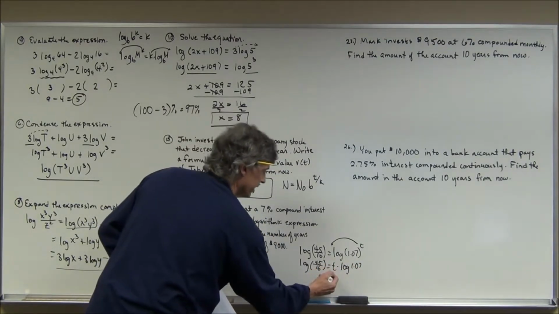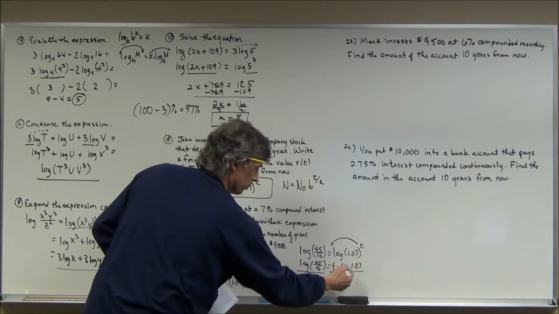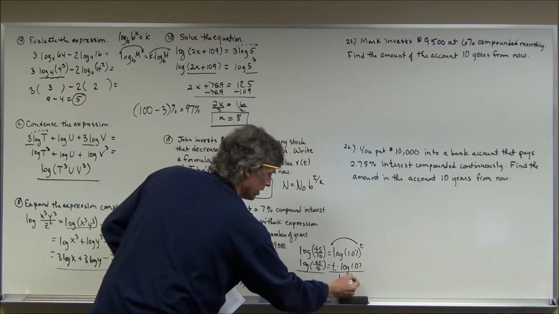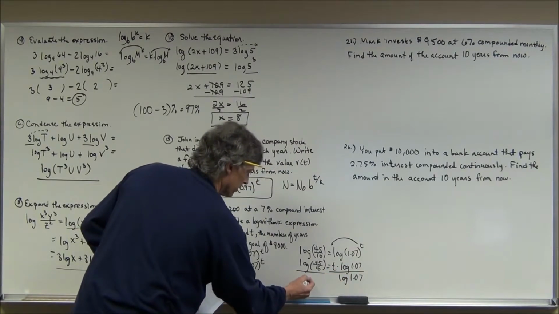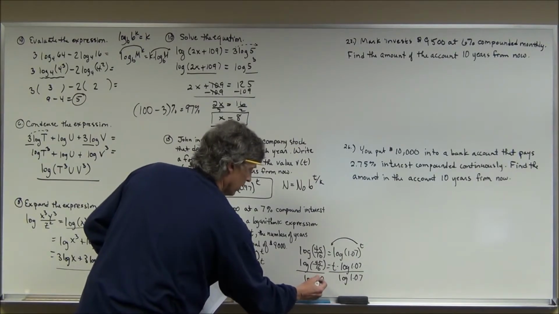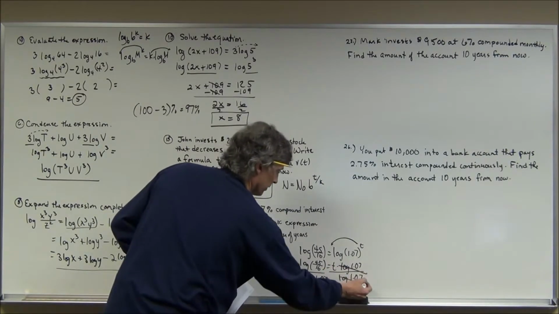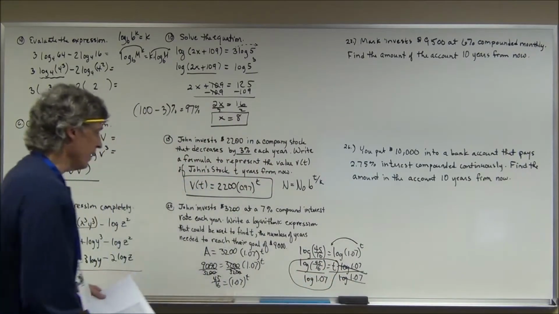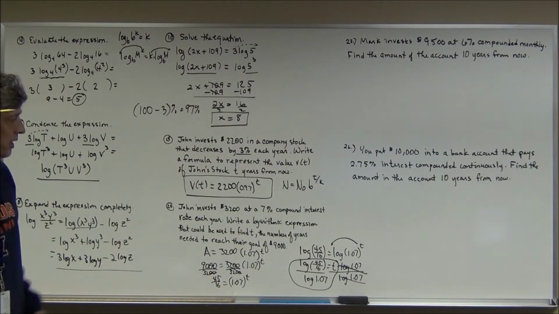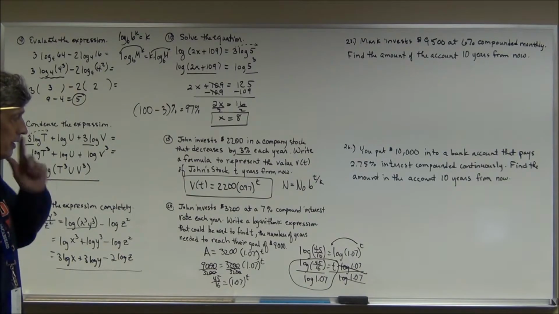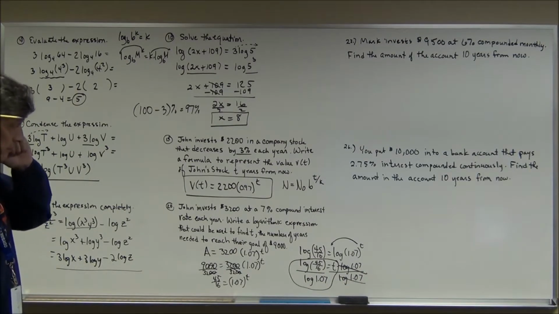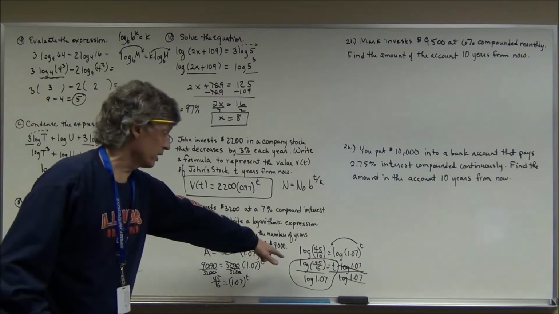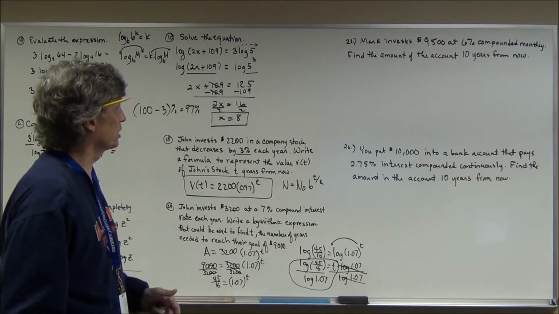I'm solving for t, so I divide both sides by the log of 1.07, and you see what t is equal to right there. And that is the log expression that he's asking for. Wow, that was a weird one. Now you could get a calculator and actually find it, but they only wanted the log expression.